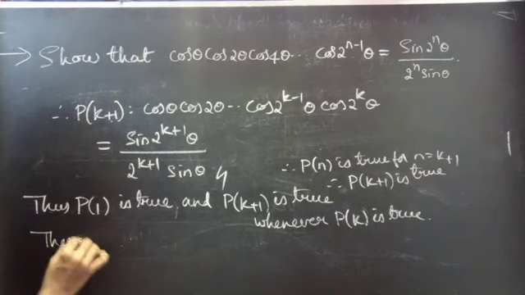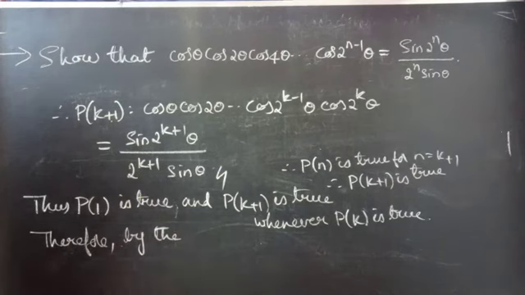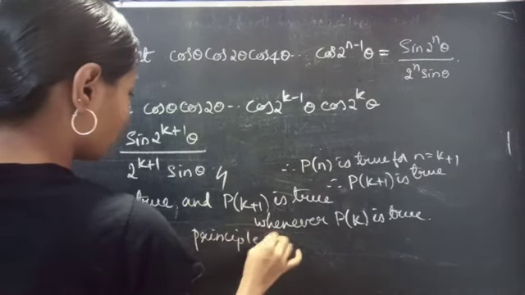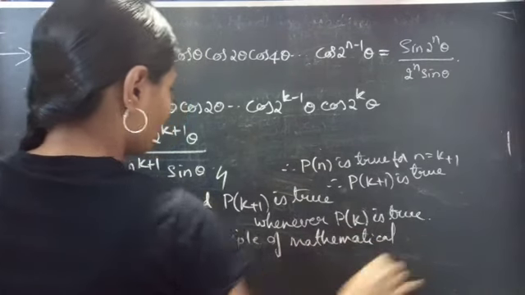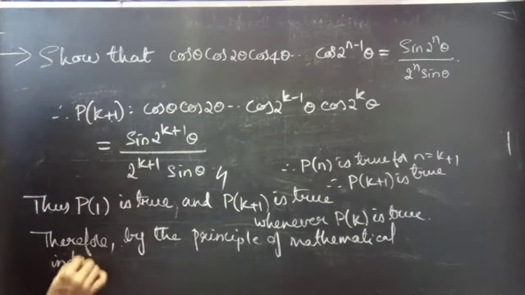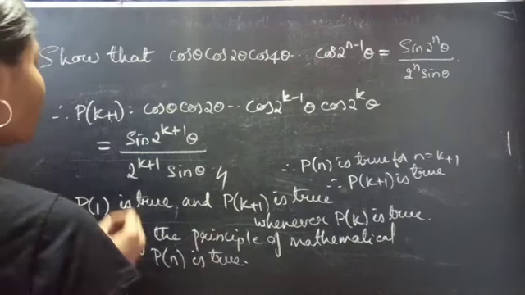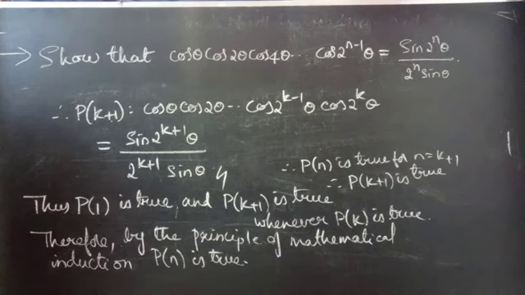Therefore, by the principle of mathematical induction, P of n is true. Okay. See, we have not mentioned any n belongs to natural numbers or n belongs to integers. So simply we'll write P of n is true. Done.